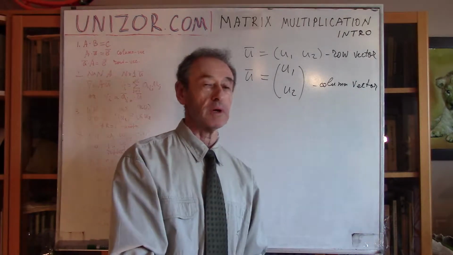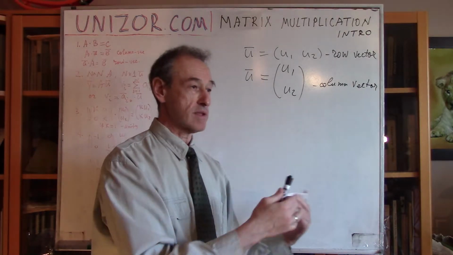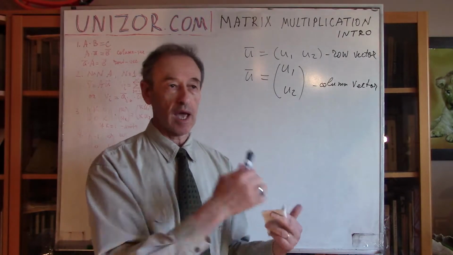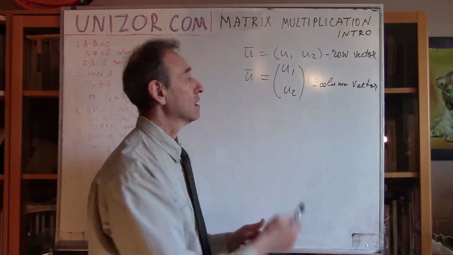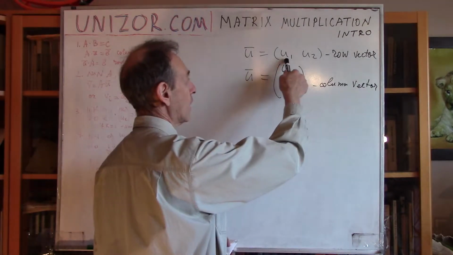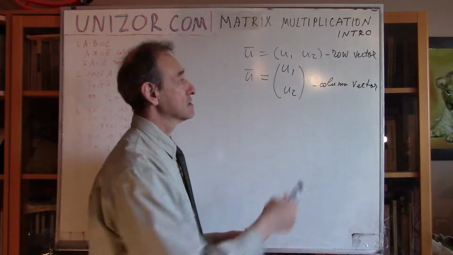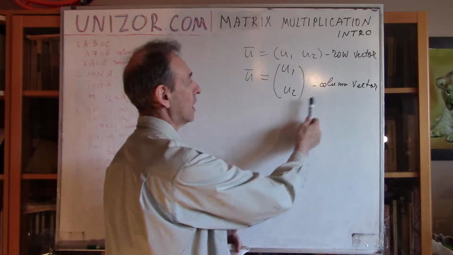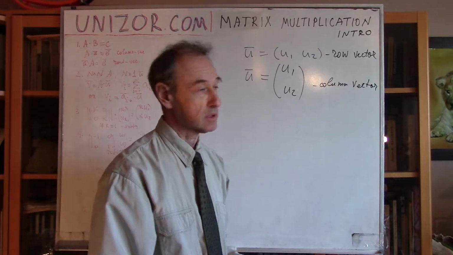When I'm talking about matrices, I usually have a matrix of the size m times n, m rows and n columns. That's exactly what I have to specify with the vector. If it's one row and n columns, it's an n-dimensional row vector. If it's n rows and one column, it's an n-dimensional column vector.